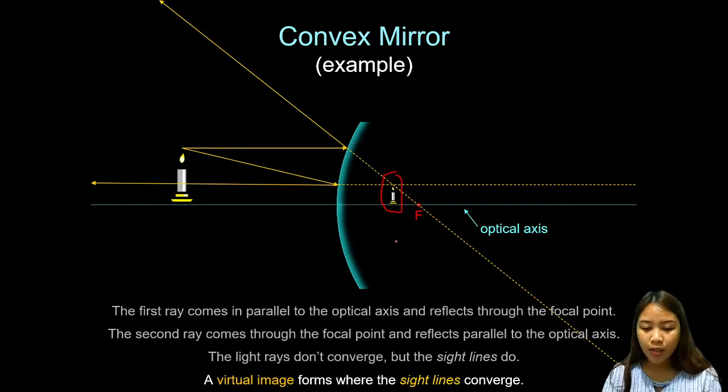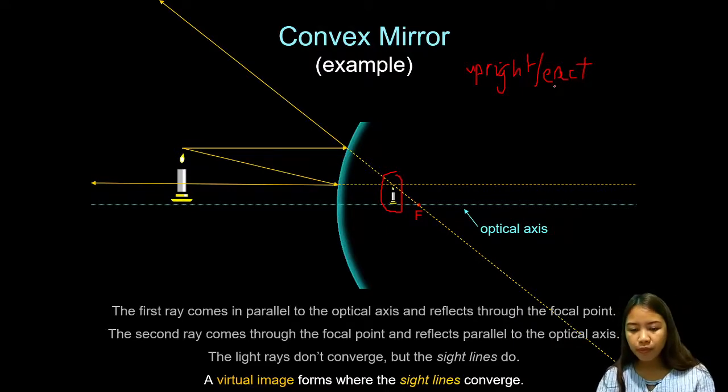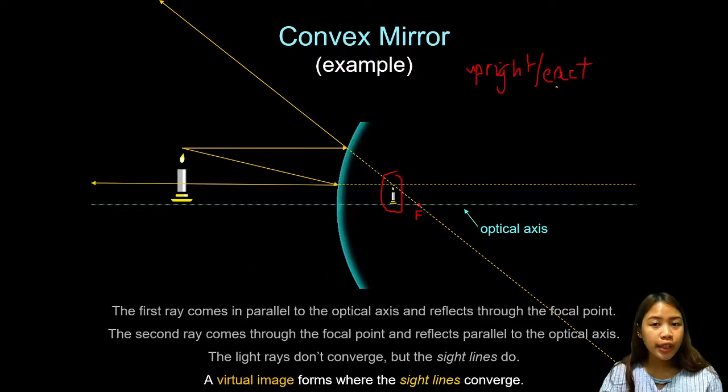Intindihan? Okay. Now, with this image, what type of image was formed? Okay. Now, kung lantawon ta, the image is located above the optical axis, meaning this is upright or erect. Upright. Okay. Next, the image is smaller compared to the object.